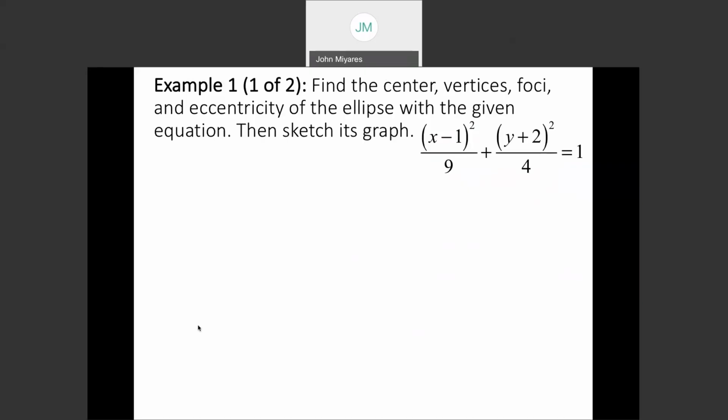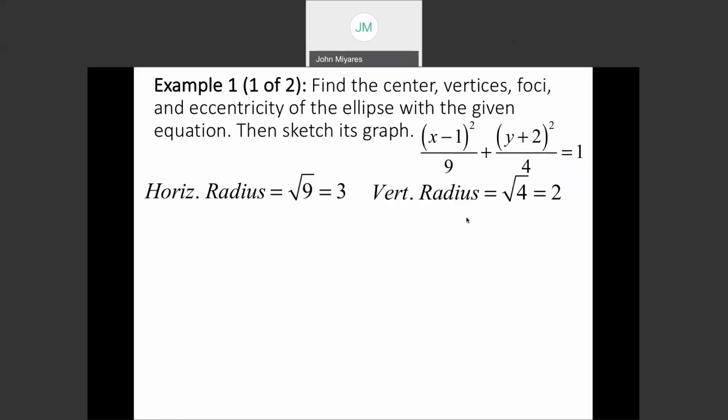So let's try that. Our equation is x minus 1 quantity squared divided by 9 plus y plus 2 quantity squared divided by 4 equals 1. The horizontal radius is going to be taken from the square root of the denominator of the x terms, which will be the square root of 9, or 3.